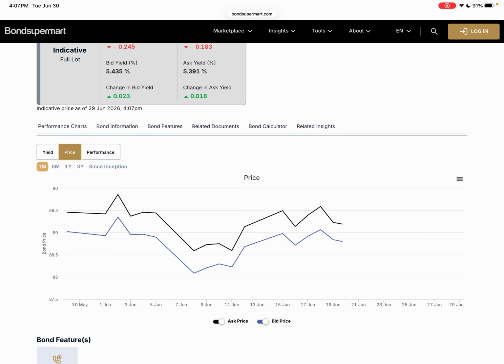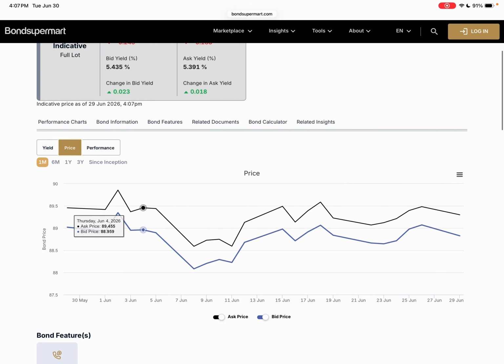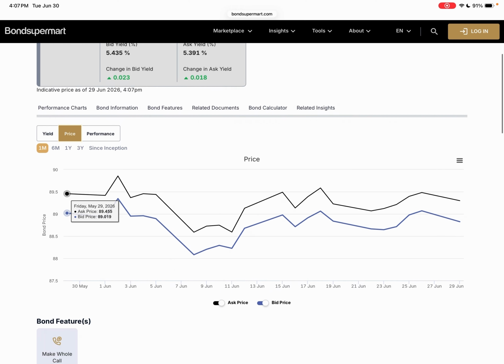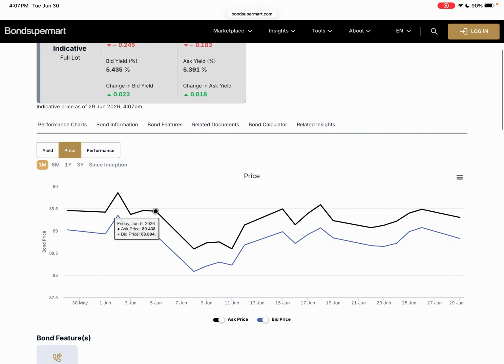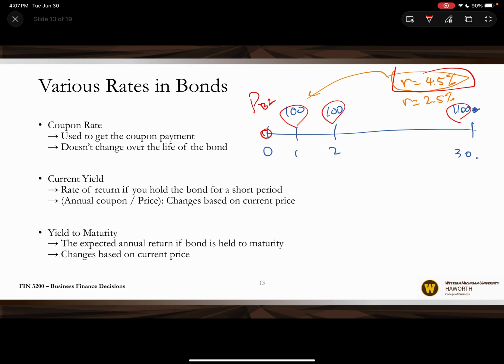Yeah, until June 8th, the price came down. It's just math, right? If the R goes up, price comes down because the promised cash flows remain the same and the deal remained the same. The only thing that changed was the R.